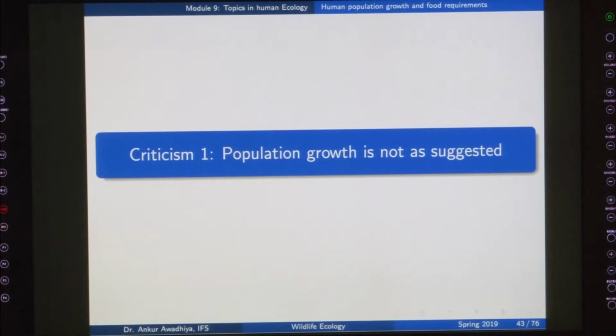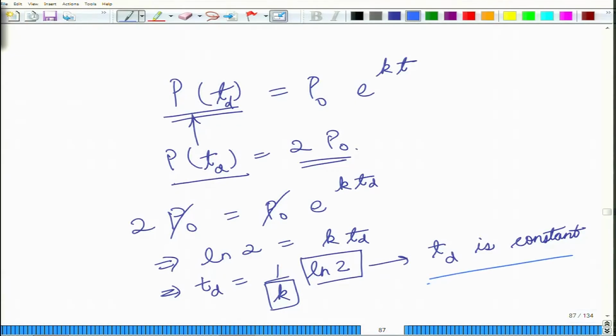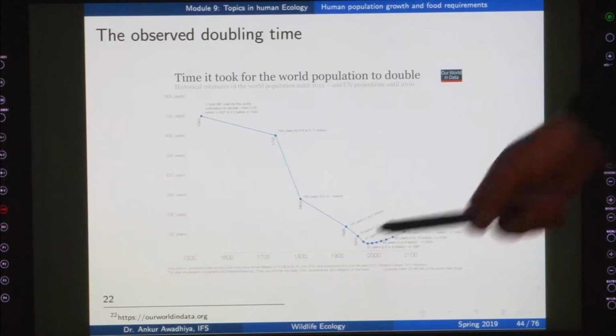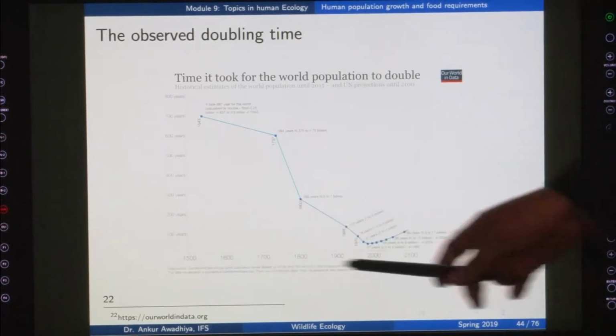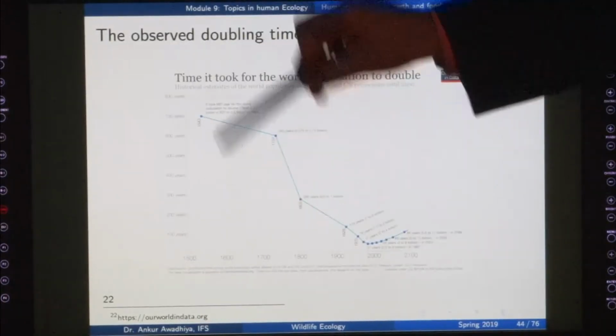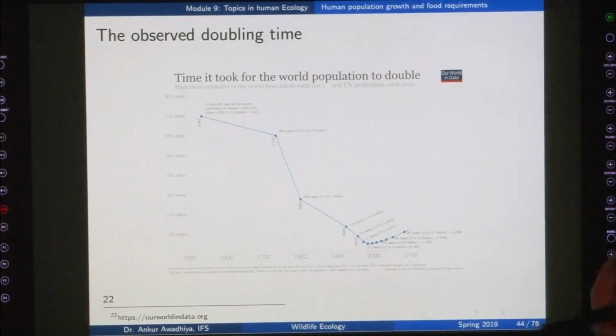So, in our results we had seen that this term TD is a constant, which Malthus had said would be 25 years. But then if we look at the actual doubling time, on this x axis we have the years, on the y axis we have the number of years it takes to double the population.